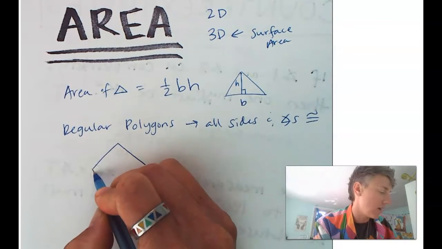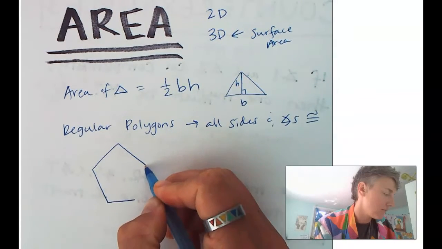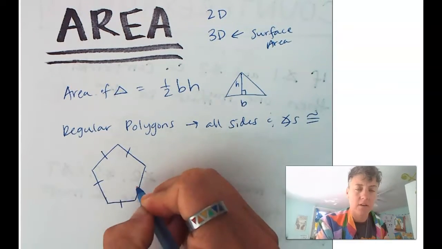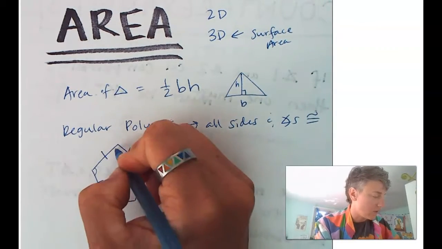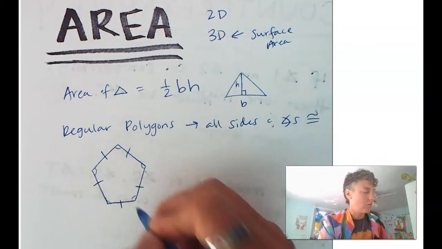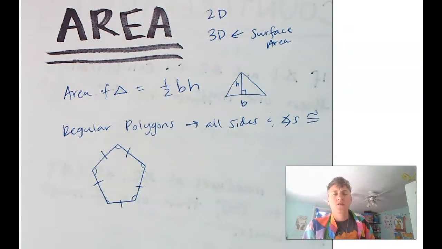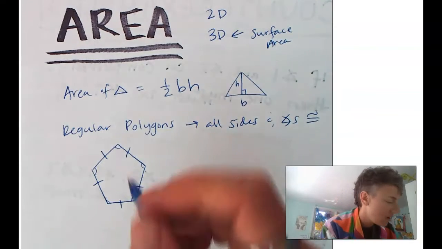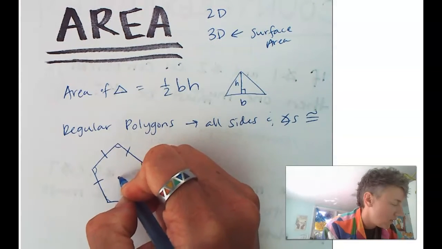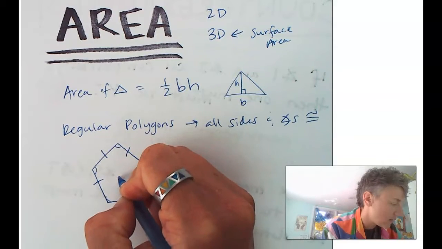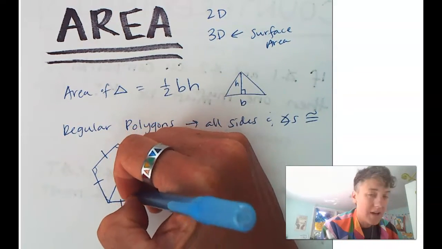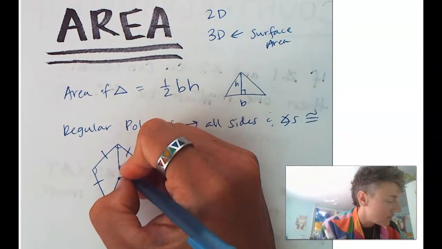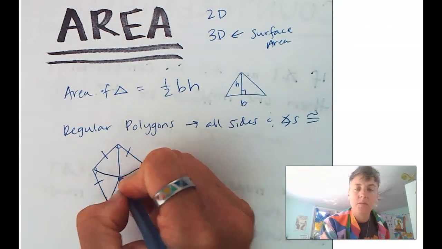So let's take a regular pentagon. Let's pretend that's regular, meaning all of these sides are congruent and all of these angles are congruent. And we're going to find the area of this regular pentagon using the triangles inside it. Okay, so we can split this pentagon into 5 triangles that are also the exact same shape and size, if your drawing was better than mine.